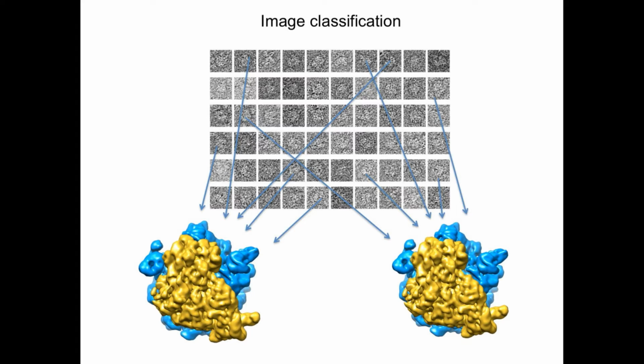It is going to get a blurred image. What we ideally want to do is to perform an image classification and sort them into different bins, and then perform the 3D reconstruction. So that's indicated here, where the subunits have different angles with respect to each other, and there could even be intermediates.